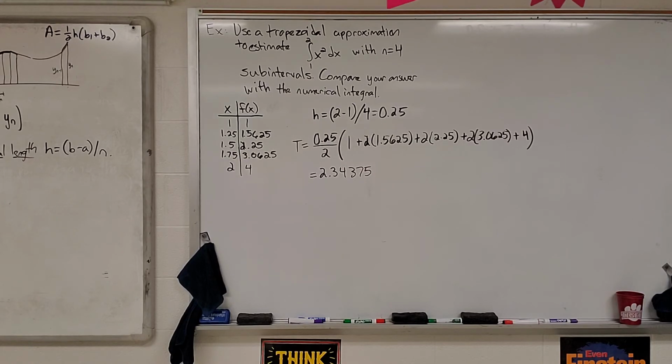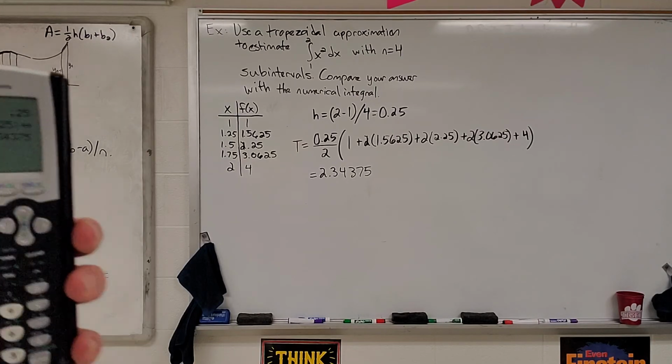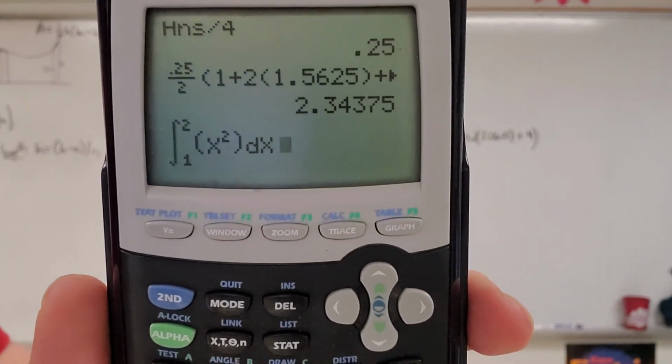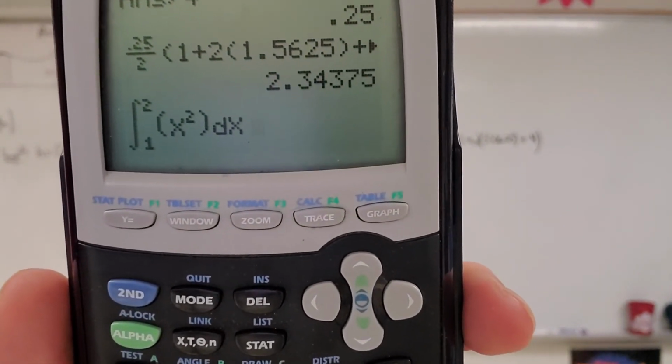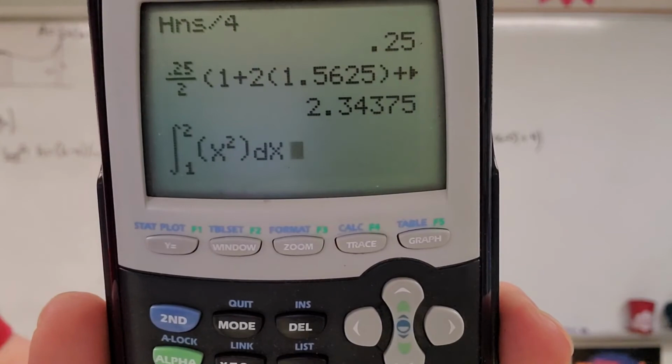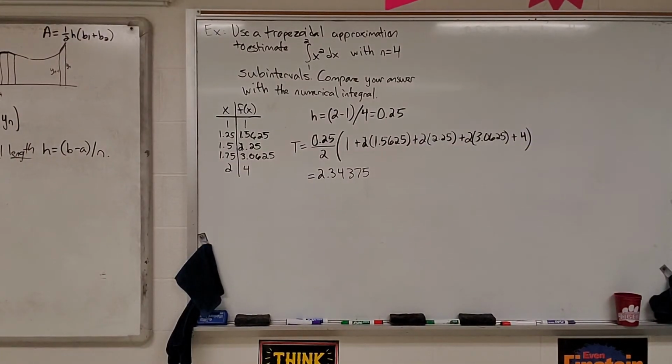All right, if we do a numerical derivative on the calculator, so if we actually do alpha window number 4, this is what we did at the very end of the day yesterday. You do the integral from 1 to 2 of x squared dx. So you type all that in. Alpha window number 4, you type all of that in right there just like it looks. And you hit enter.